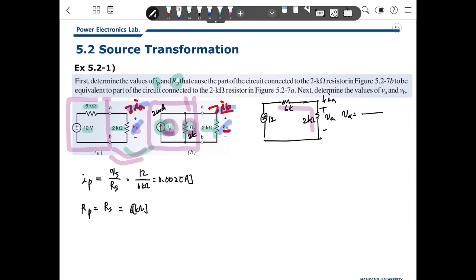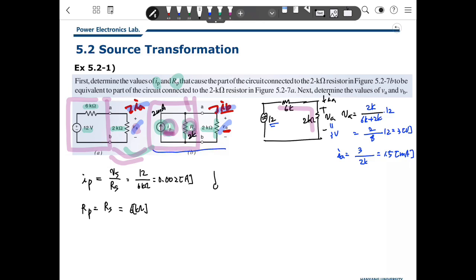So there will be 2 kilo divided by 6 kilo plus 2 kilo, times 12, that will be 3 volts. Then what is IA? With 2 kilo ohm and 3 volts, it is 1.5 milliampere.